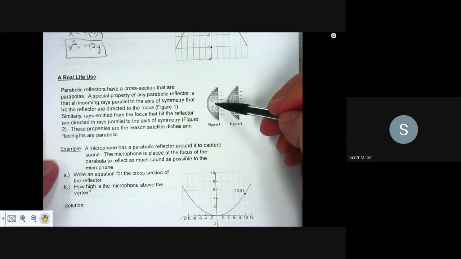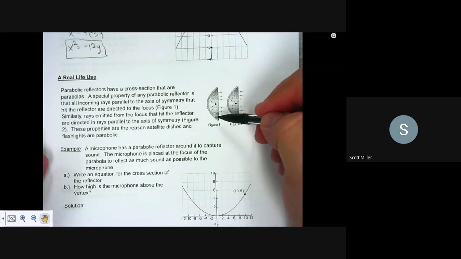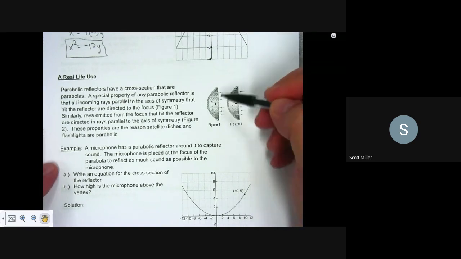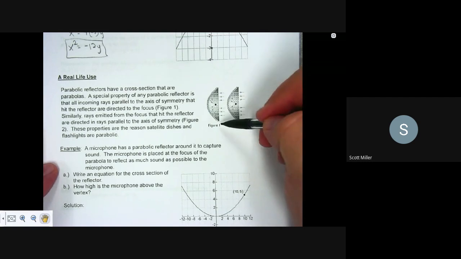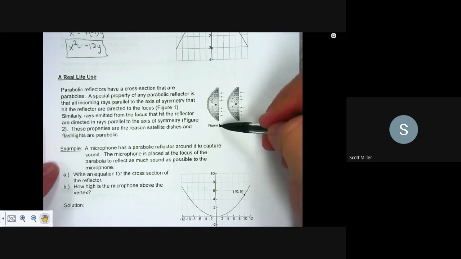The focus plays the role of where the light bulb would be or where the receiver is. If you watch football, you'll see these dishes out on the football field because it'll have a microphone sitting right here, and it is used to capture sound from the field. Because of this, the focus is equal distance from every point on here.